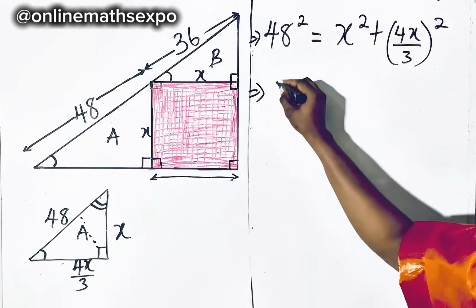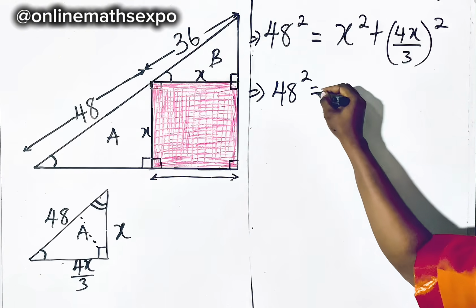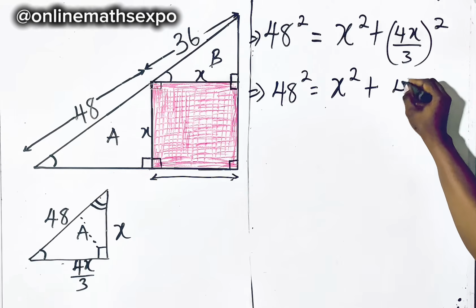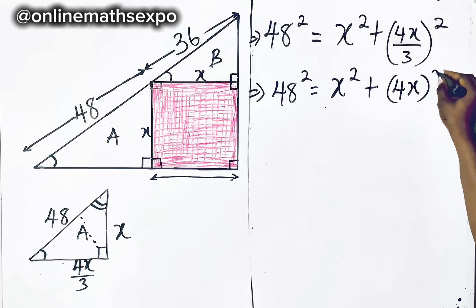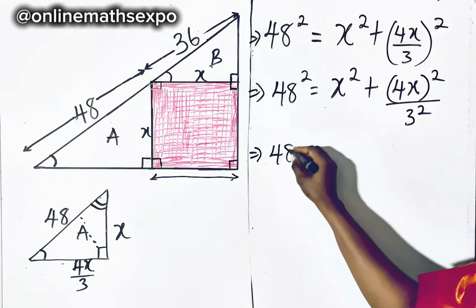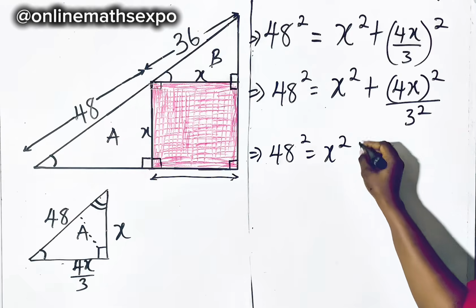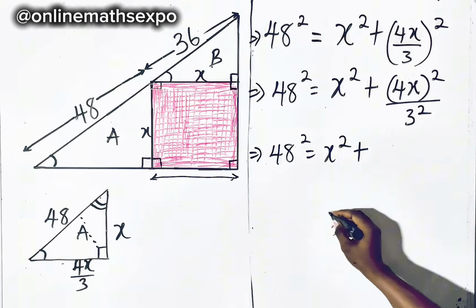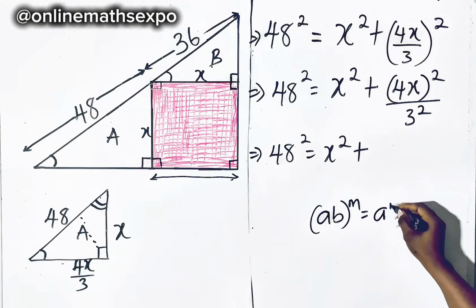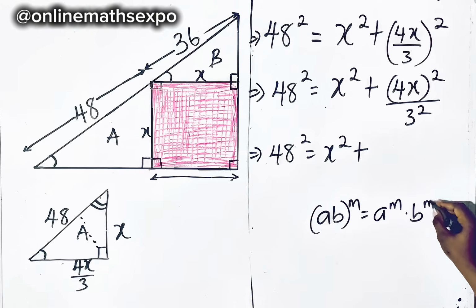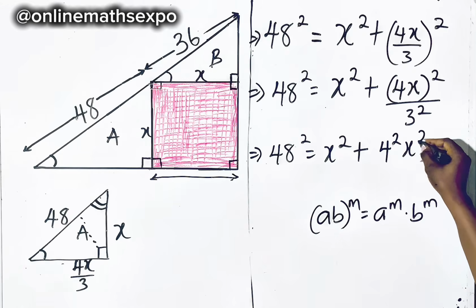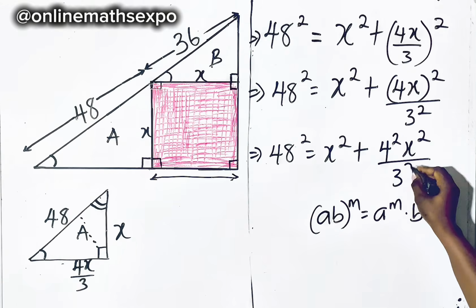So we have 48 squared is equal to x squared plus, this is the same as 4x squared divided by 3. So let's keep solving. If you have ab raised to power m, it is a raised to power m, b raised to power m. So this will be 4 squared, then x squared divided by 3 squared.